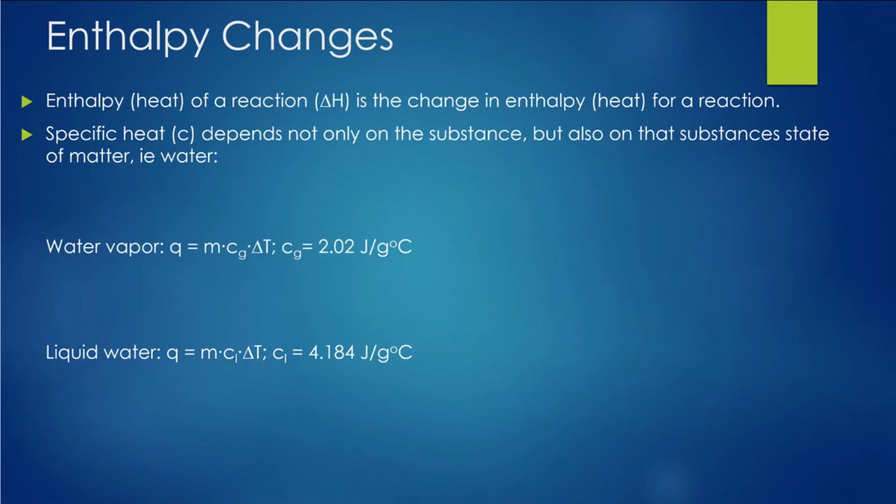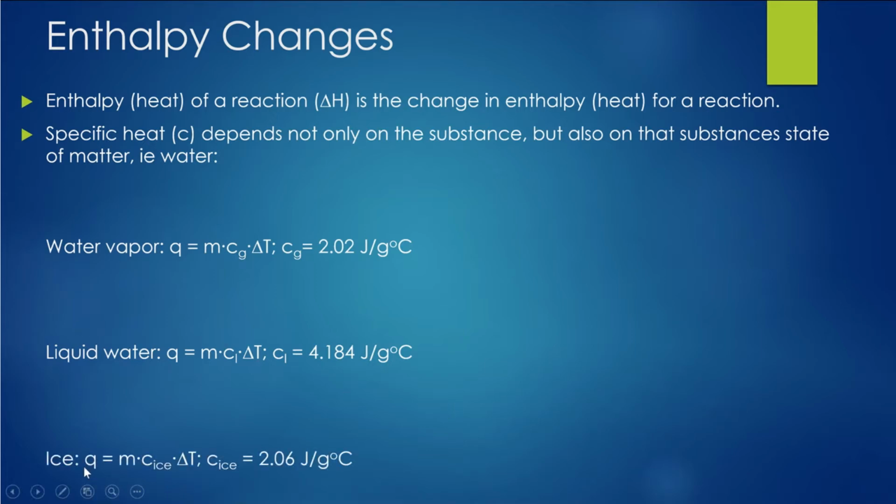So water vapor, the specific heat, again I've got a little Cg there, is 2.02 joules per gram degree Celsius. So when you're working with water vapor, it's actually easier to warm the temperature of that water vapor by 1 degree Celsius per gram than it is liquid water.